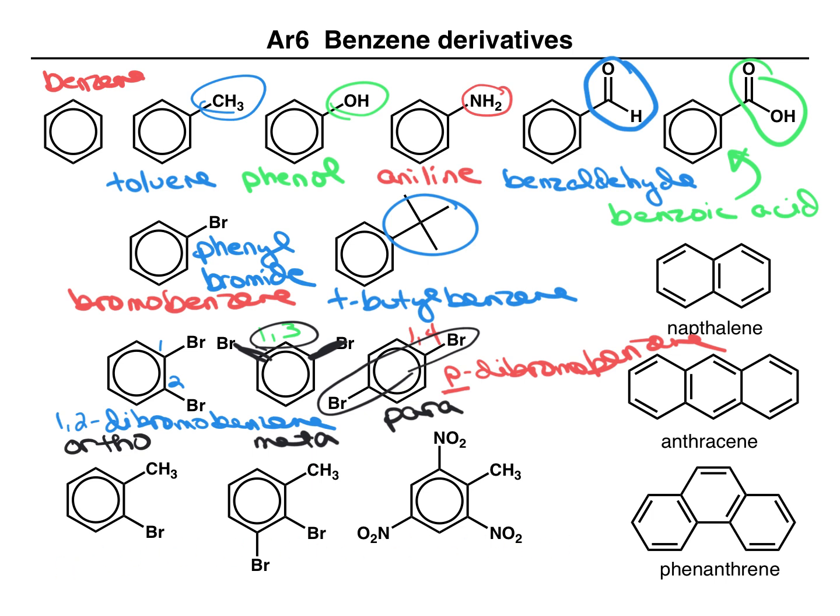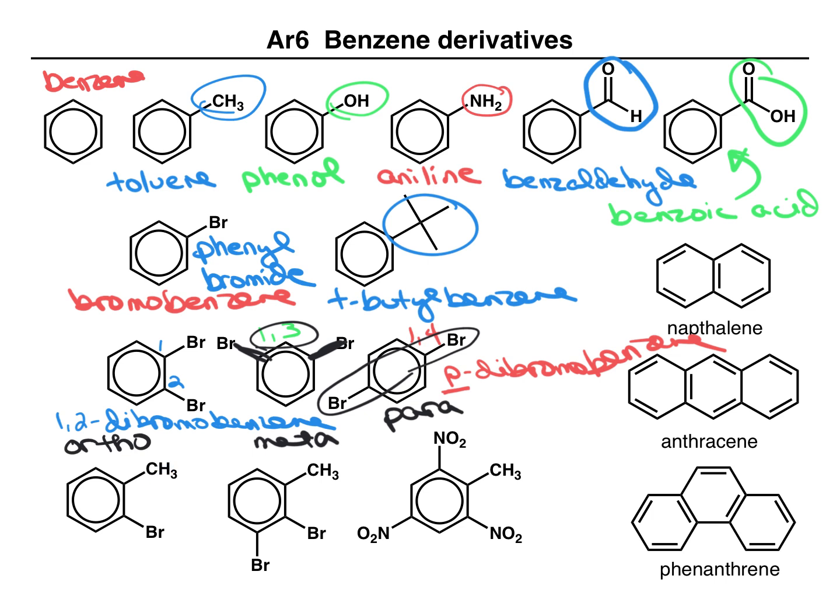Let's look at a few more examples and notice for this compound we have benzene with a methyl branch and a bromine branch. But benzene with a methyl has the common name toluene. So rather than naming this as a disubstituted benzene, we instead name it as a substituted toluene.